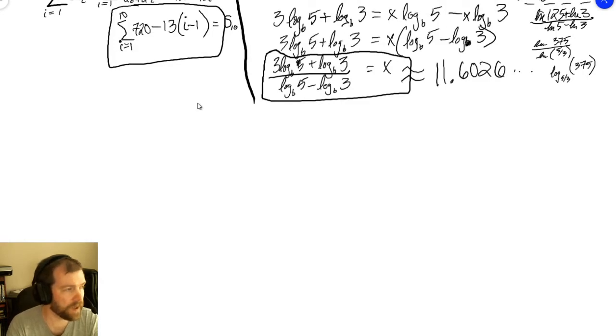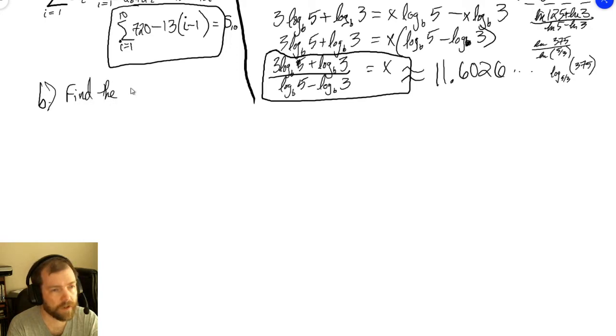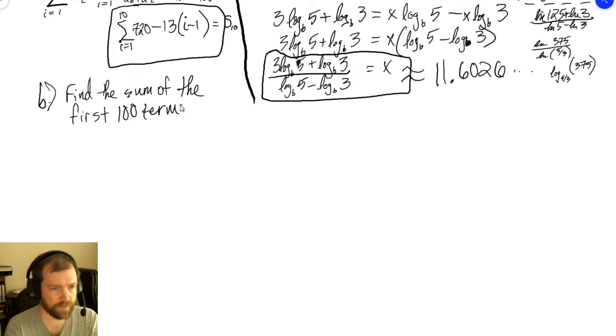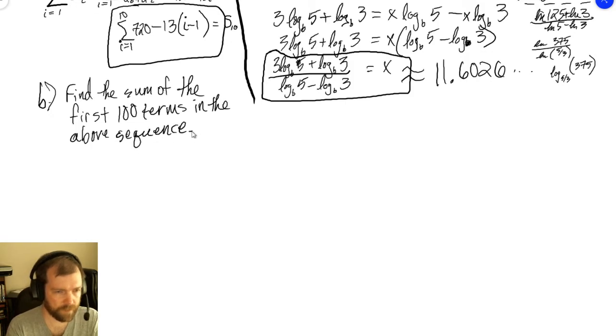All right, now I did say part A. Part B, find the sum of the first 100 terms in the above sequence.